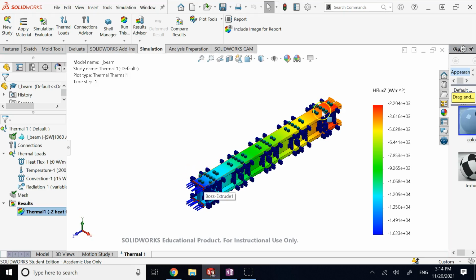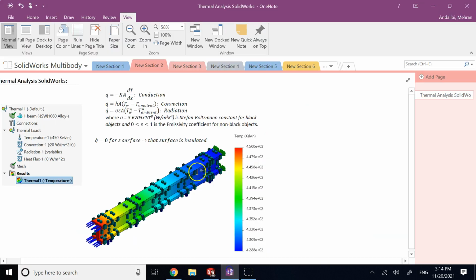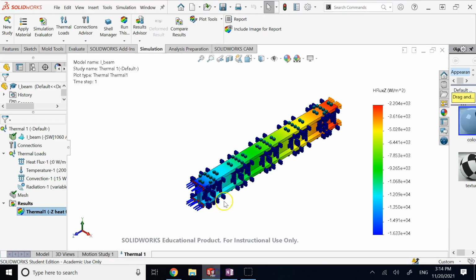This time the relation is not going to be linear along the beam because the nature of radiation is not linear with temperature, it's to the power 4. So that's why you see it drops, and it drops significantly from negative 16,000 to negative 2,200. Okay, so hopefully it does make sense now.